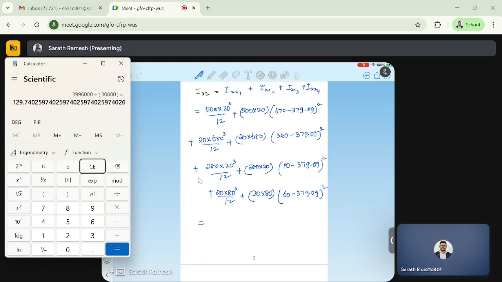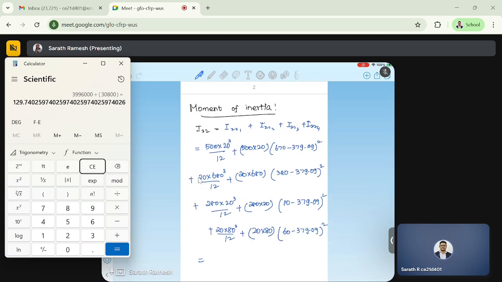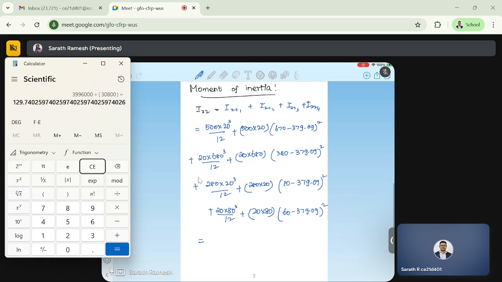Okay. Now maybe I'll finish it off. So I have a big expression to solve, to put in the calculator.